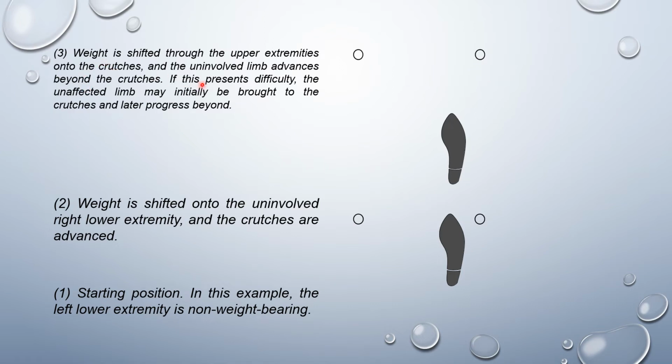The weight is then shifted to the upper extremities onto the crutches, and then the uninvolved limb advances beyond the crutches. Okay. Dapat yung uninvolved leg mo po is medyo advanced siya ng konti compared to your crutches. Okay.